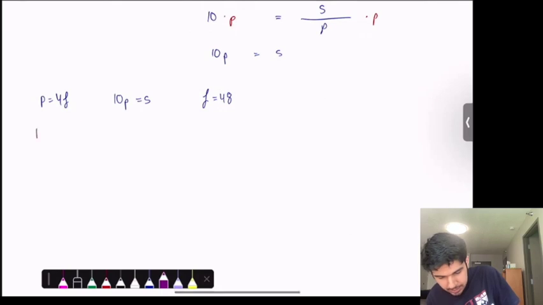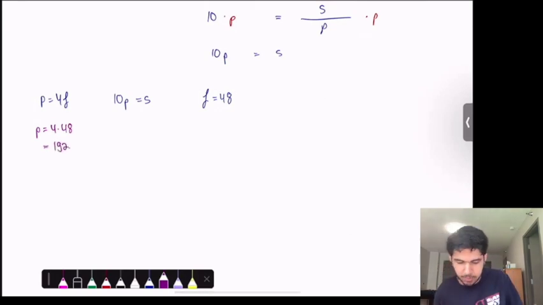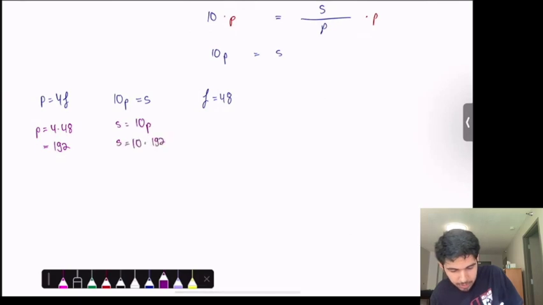So we have p equals 4 times 48, and you can multiply this out. You should get 192. And now we can say that s equals 10p, so s equals 10 times 192, which is equal to 1920, and that will be our answer.